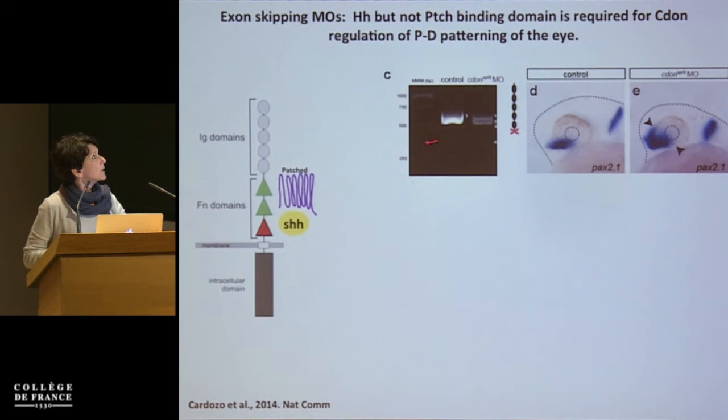With a morpholino designed on the ATG of Kidon, he repeated this experiment, observing an expansion of the optic stalk.